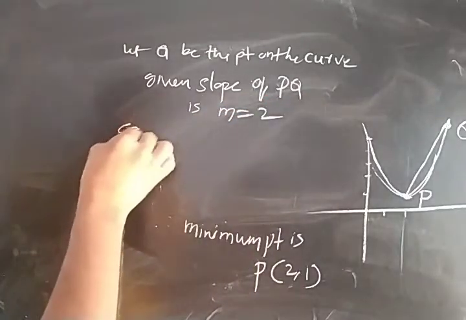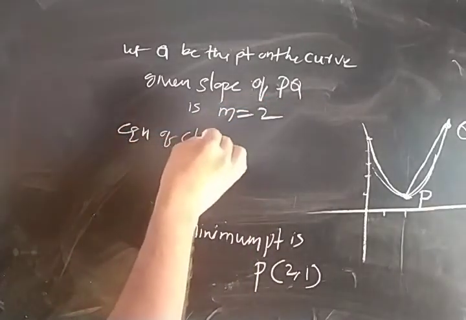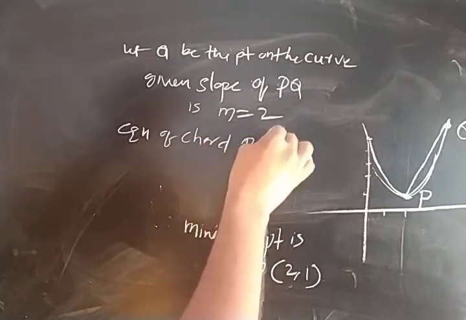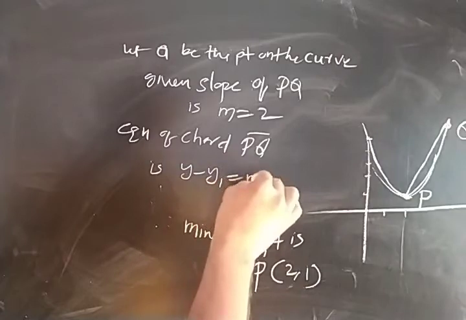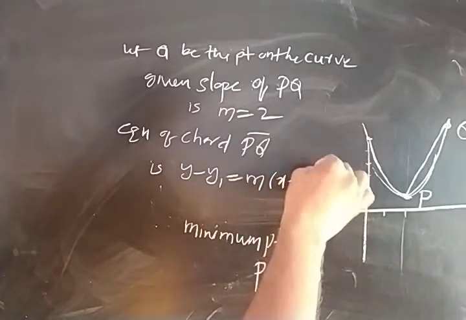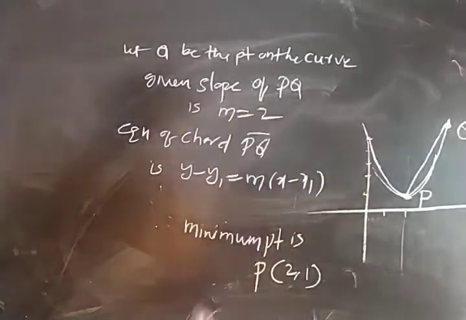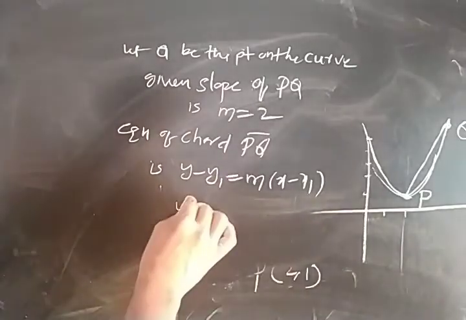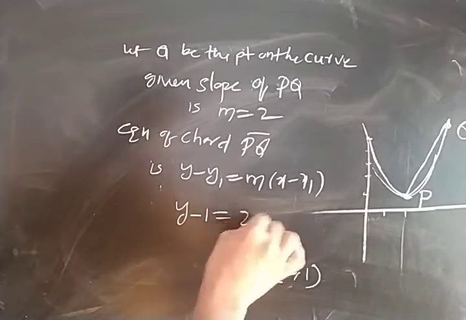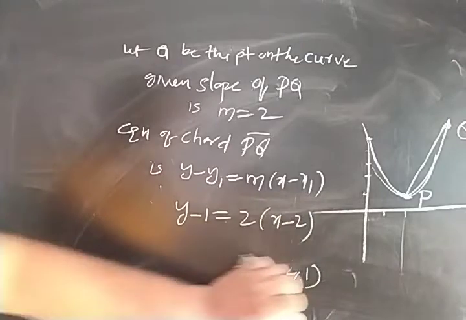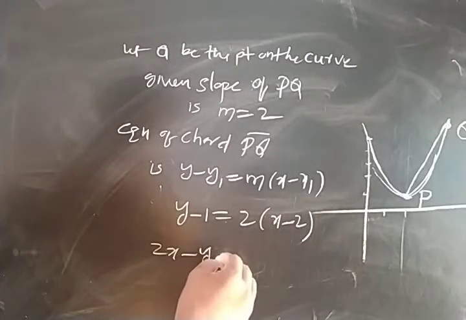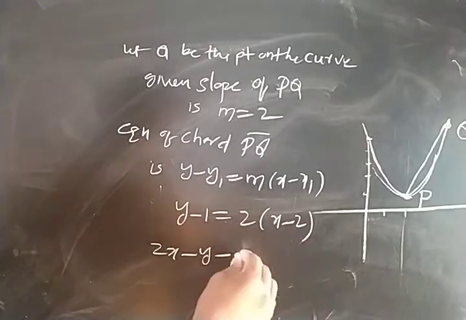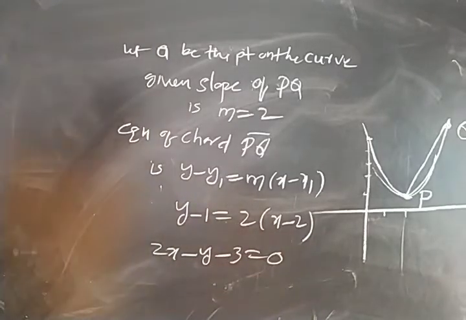Now the equation of chord PQ is y minus y1 is equal to m into x minus x1. We have the point P, x1 y1, and this slope. So I am substituting here y minus 1 equals 2 into x minus 2. By simplifying, 2x minus y minus 3 equals 0. So this is the required line.